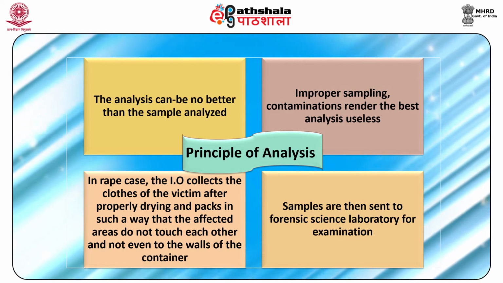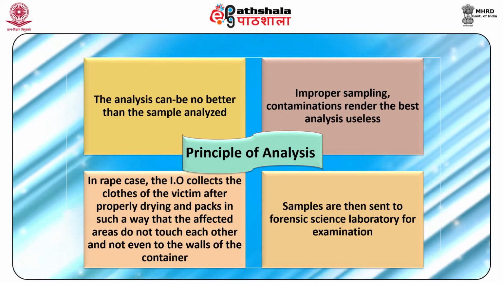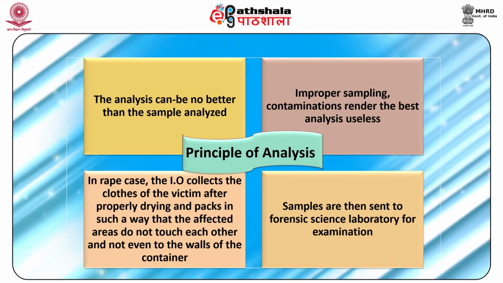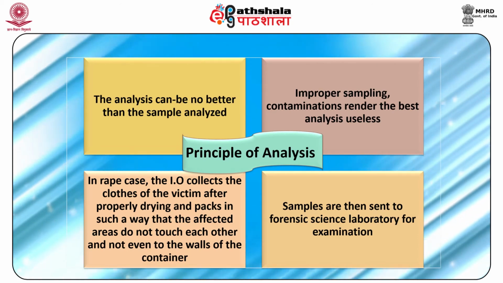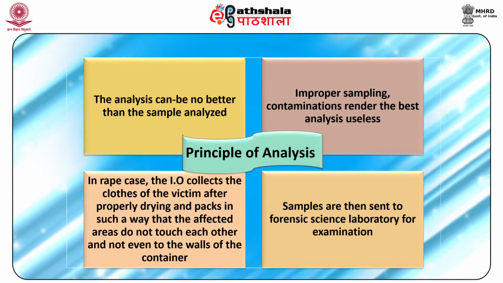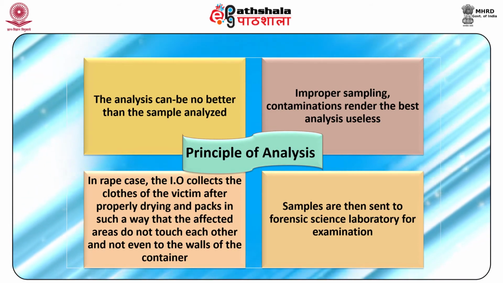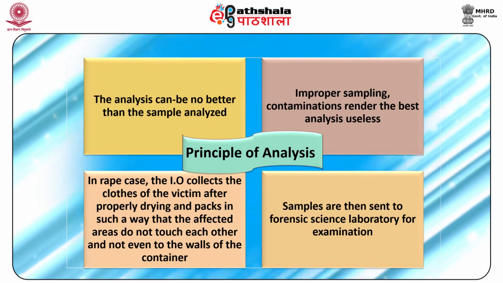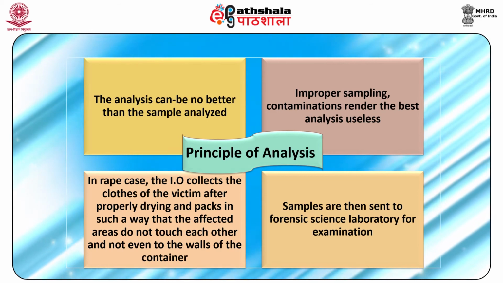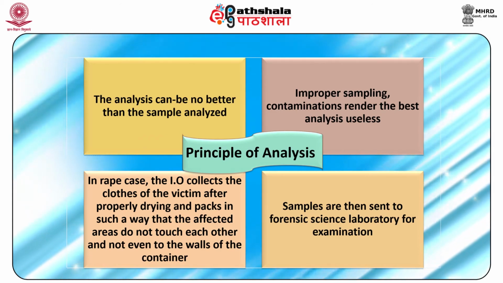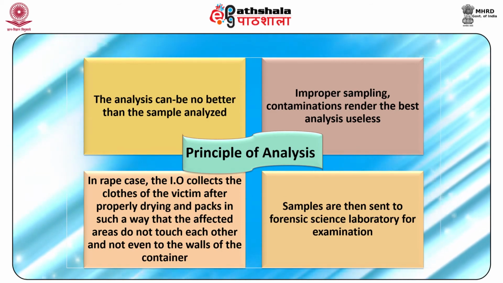The investigating officer, after properly drying the clothes, packs them in such a way that the affected area or areas containing stains do not touch each other, and not even the walls of the container, and sends them to the forensic science laboratory for examination. He wants to know if the clothes carry semen stains. If so, to which blood group does the sample belong?